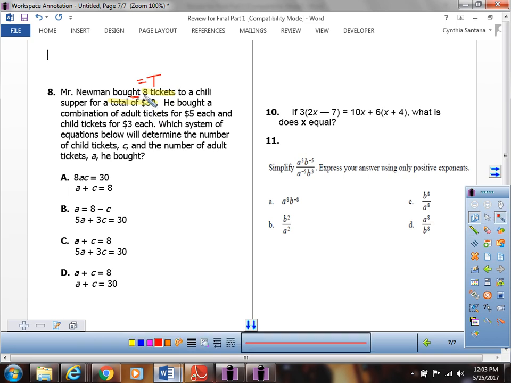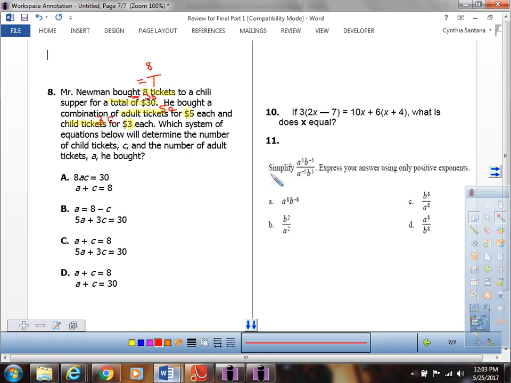So again, something has to equal that total, 30. Something's going to equal 8, but something also needs to calculate in total to 30. It says he bought a combination of adult tickets, which were 5, and child tickets, which are 3. So think about it. 5 and A should be together, and then 3 and C should be together.